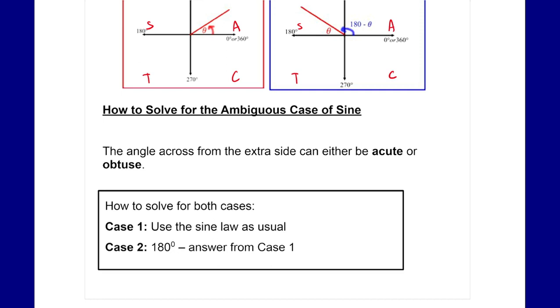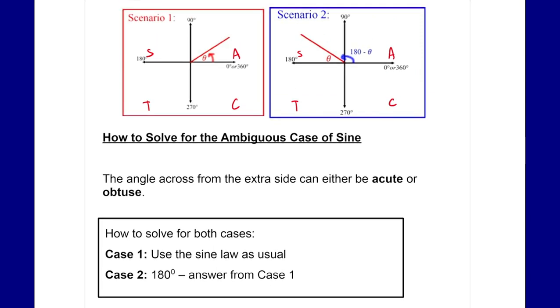For the second case, we're going to do 180 minus the answer we got from case 1. Essentially, we solve for what our calculator will probably give us as an acute angle first, and then in case 2, we treat that acute angle from case 1 as our reference angle. Then we do 180 minus the reference angle to get the other scenario.